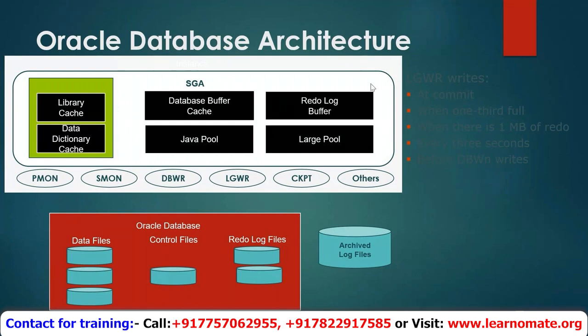Now remember one thing I want to tell you, just to give you a quick overview. There is a misconception which I have seen among many DBAs, most of the DBAs I should say. They have the understanding that redo log files contain only committed transactions. That's not true. The redo log files contain committed as well as uncommitted transactions.